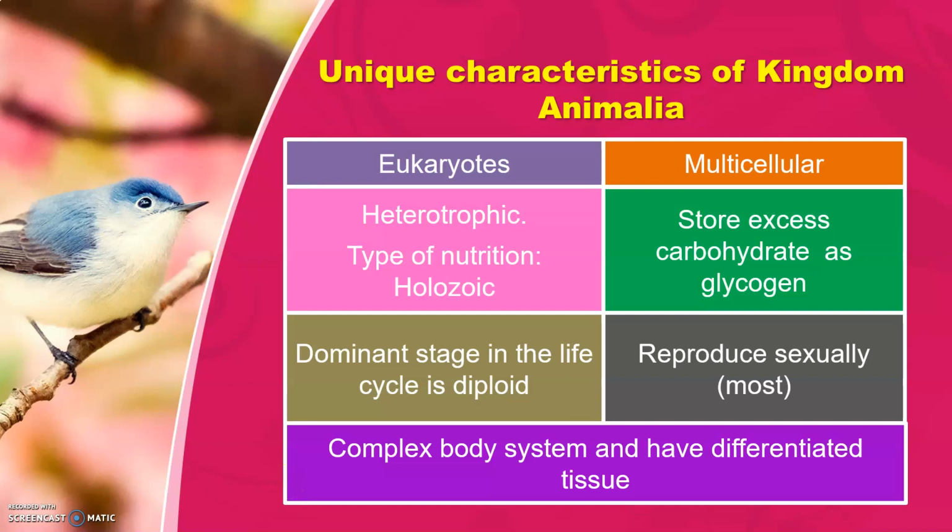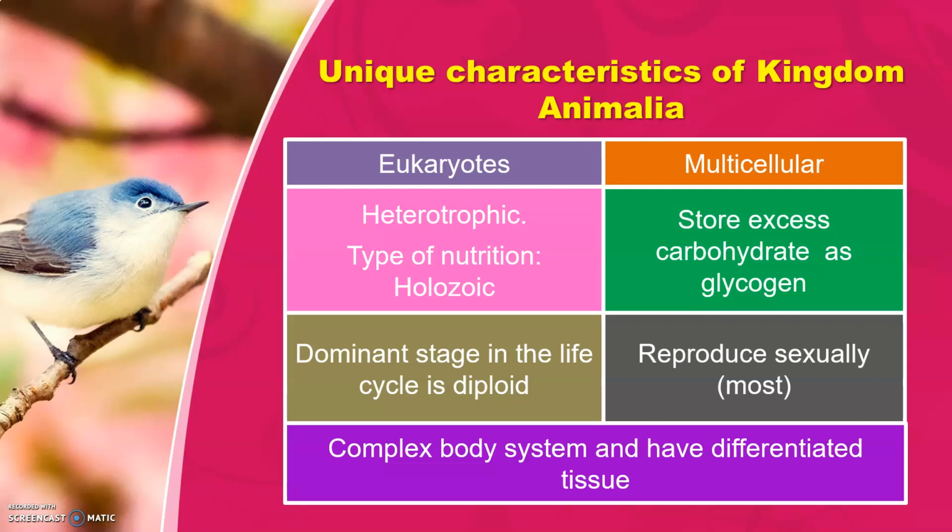Across all organisms in kingdom Animalia, they are eukaryotes, multicellular. The type of nutrition is holozoic nutrition, which means that the ingestion and digestion process occur internally. They usually store excess carbohydrate as glycogen, and throughout the life cycle they exist as diploid most of the time.